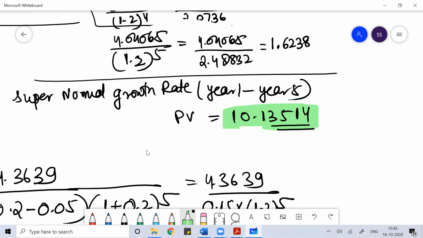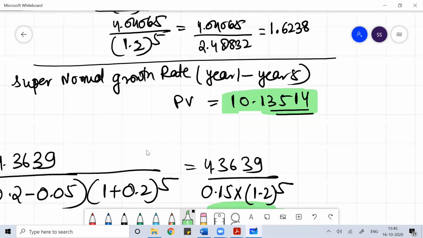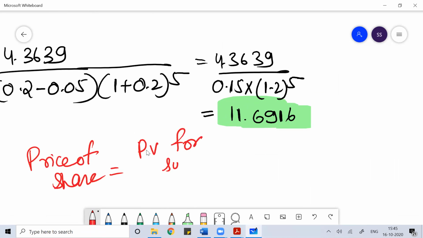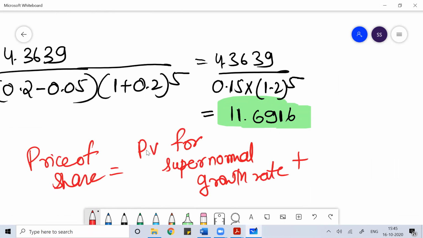Okay, so what is the price of share? The price of share is equal to the present value for the supernormal growth rate plus the present value for the constant growth rate.